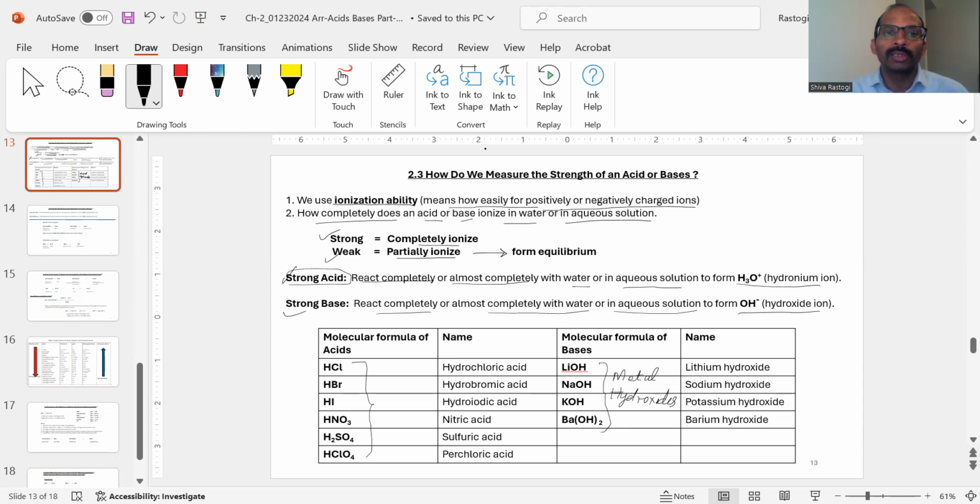These are strong acid examples on this side, and these are the examples of strong bases in the second column. These acids and bases dissociate in water, in aqueous solution, 100%, or almost 100%. Suppose you have 100 molecules of lithium hydroxide, it will almost completely dissociate, maybe 99.99%.